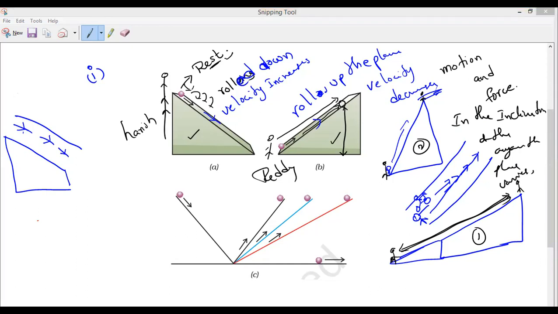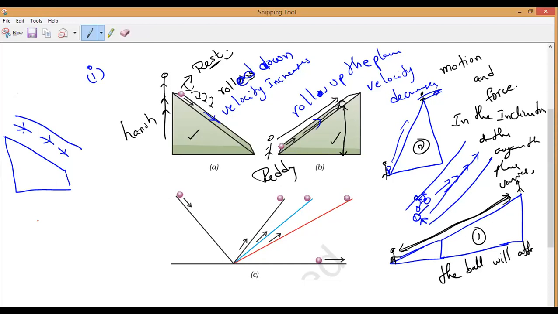The ball will attain different height. What will happen? The ball will attain different height. Have you understood? The ball will attain different height. This is the first experiment. This is what he did.